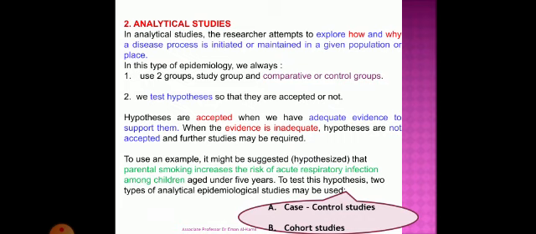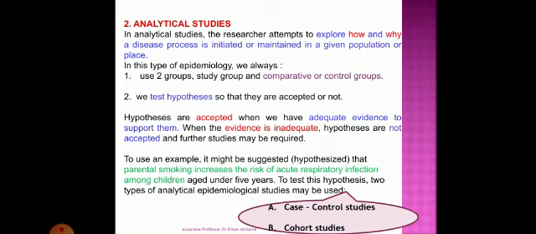going to study the disease and the relationship between the disease or the outcome and the exposure to a certain risk factor. So the analytical study is to study the association between a certain exposure to a certain risk factor and the occurrence of a certain health problem.